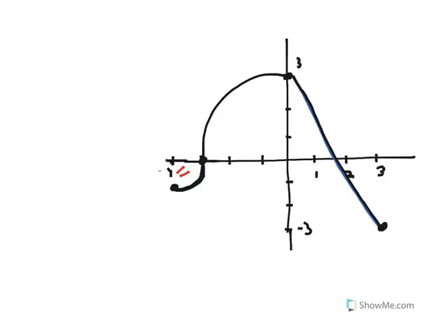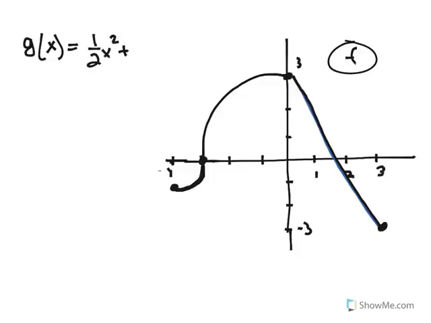Okay. By the way, this is the graph of f. Now, some function g of x is given, and it says g of x equals 1/2 x squared plus the integral from 0 to x of f of t dt.